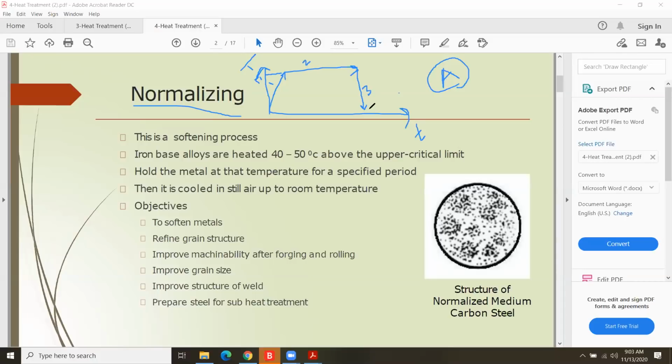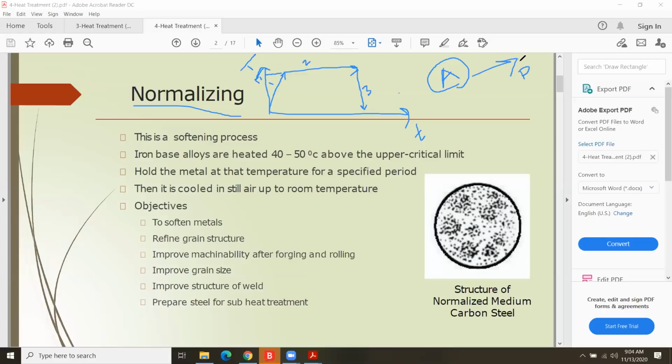The other thing, the second method, is called annealing. When you compare this normalizing process with the annealing process, the cooling in the normalizing process is faster than annealing, right? So you heated that metal, so austenite structure formed. Now you cool it, and this austenite structure forms pearlite structure.